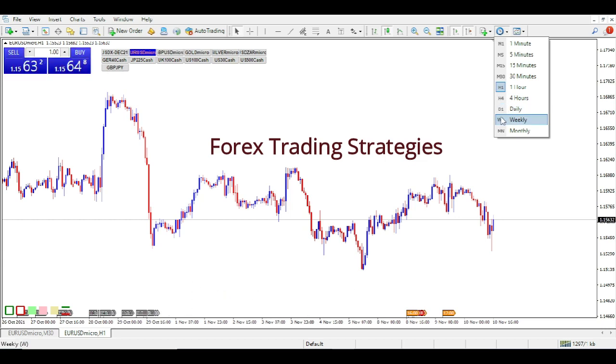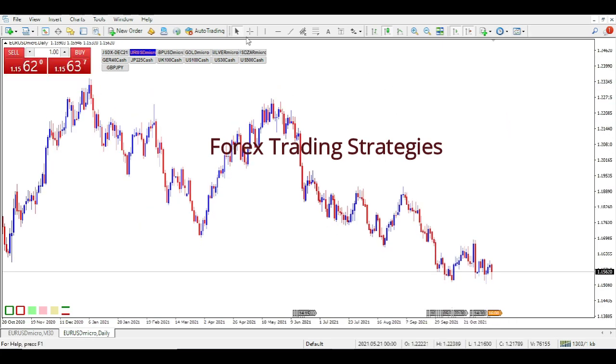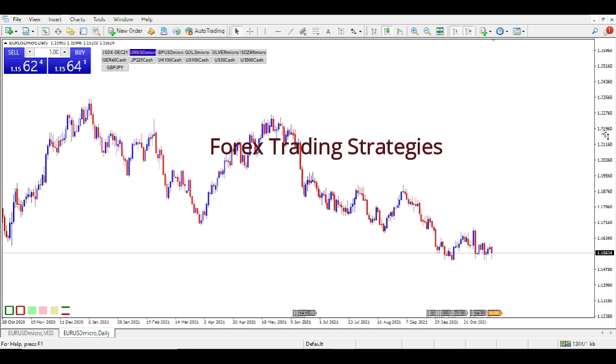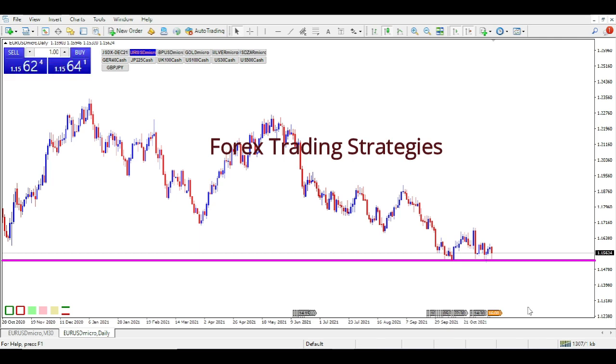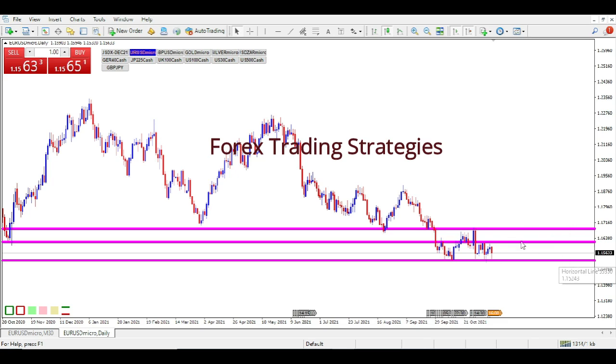But for example, let's go to the daily chart. Let's put in an area there, and let's put a zone there. I'm just plotting these things. I'm not giving too much thought to them. So we have our three areas of support and resistance there.